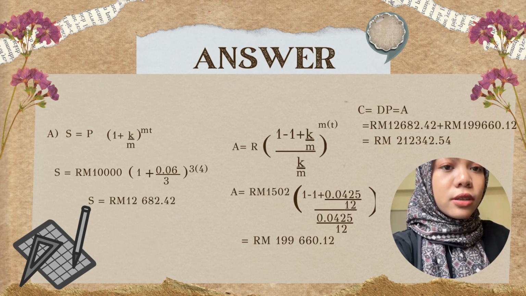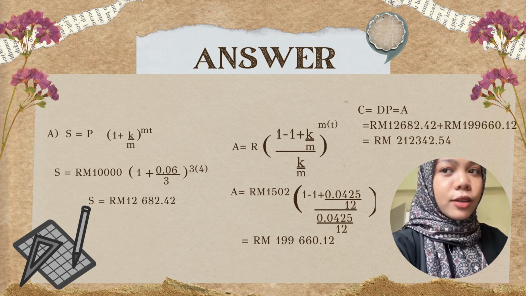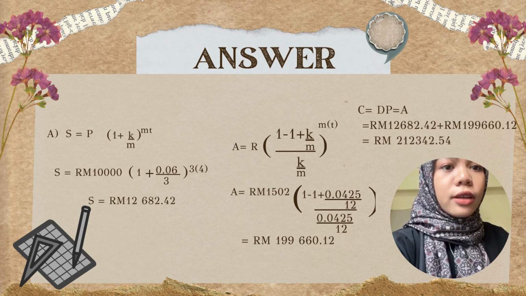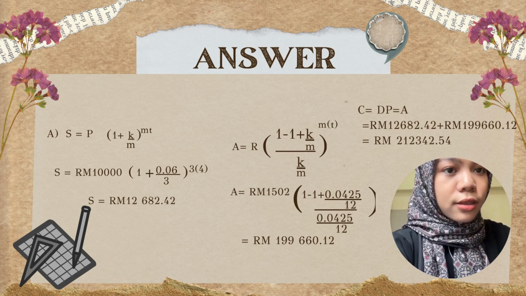So we can just use the formula S equals P times (1 plus K per M) to the power of MT. So we can just substitute. P is RM10,000 times (1 plus 0.06 per 3) to the power of 3 multiplied by 4, and we got the answer RM12,682.42.